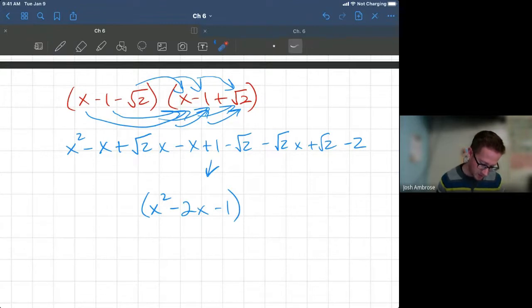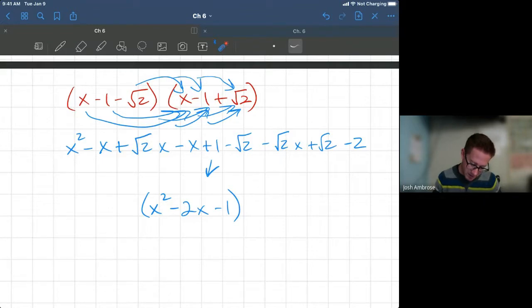Okay, so if you take a look at this, your x squared has nothing to go with, so it drops straight down. Okay, now we had minus x, became right there our negative 2x. Positive radical 2x, negative radical 2x, so they would cross each other out.